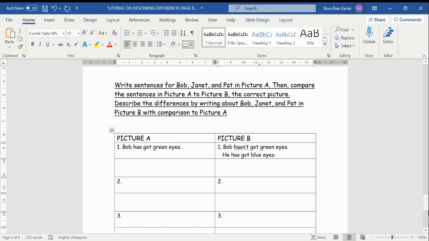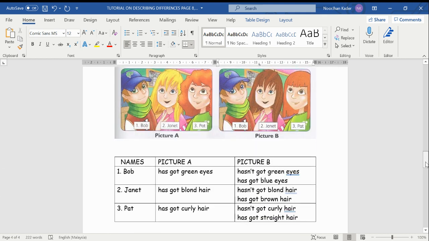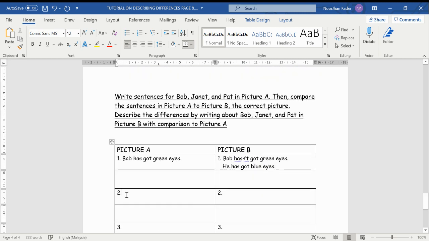Okay, the second one will be Janet. Okay, in picture A, Janet has got blonde hair. Okay, let's write here. Janet has got blonde hair.